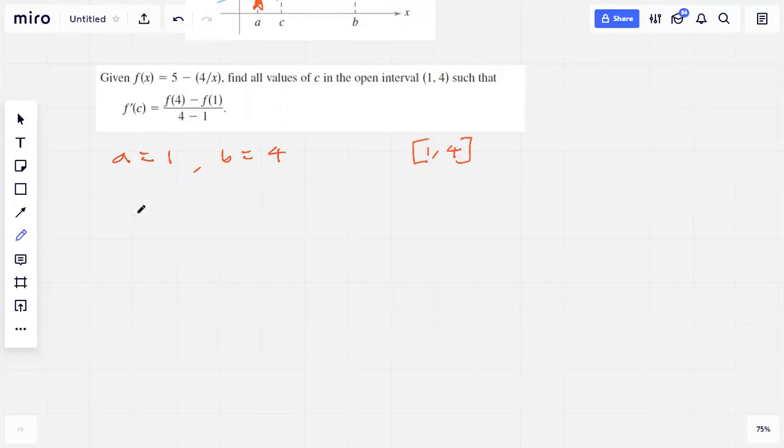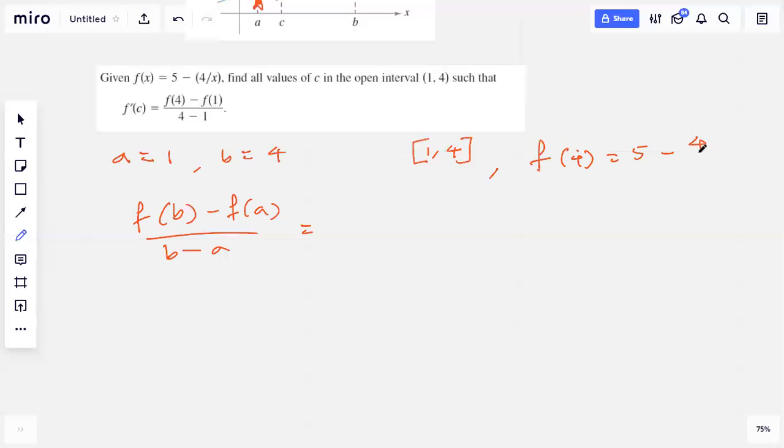So here, f of b minus f of a over b minus a. Let me calculate f of b. f of 4 is equal to 5 minus 4 over 4. That's equal to 4.